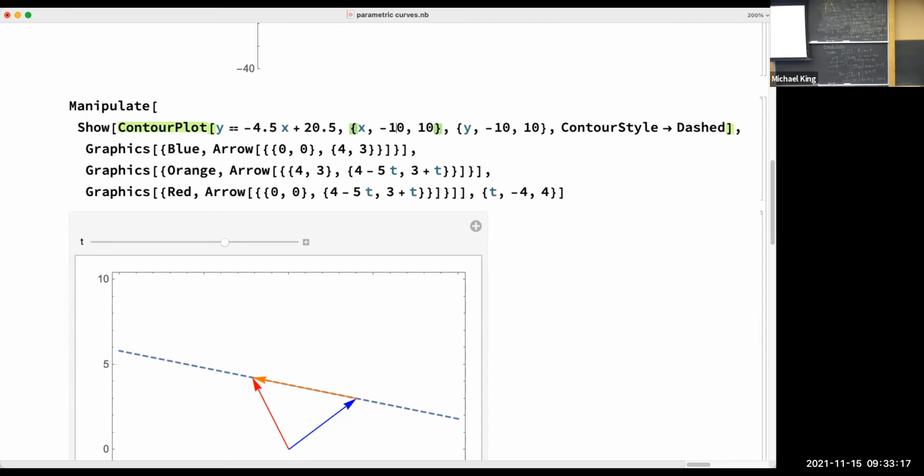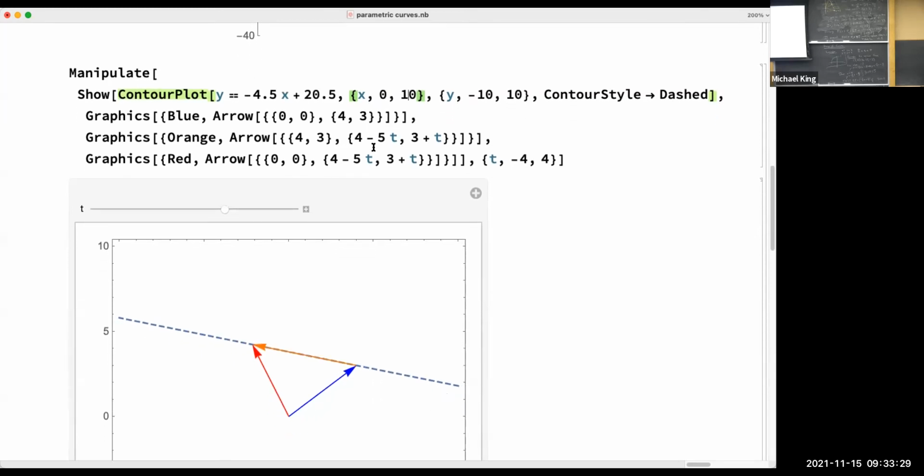Let's go from 0 to 10. Okay, so now the arrow out to the line is supposed to go to 3, 7. Then I want the orange arrow to follow the line. Mathematica is not the easiest for making arrows.